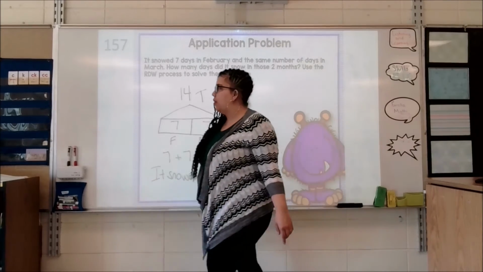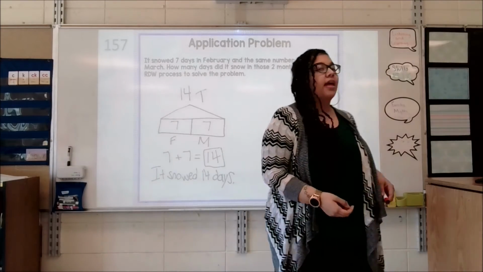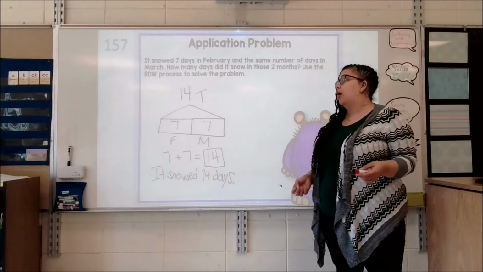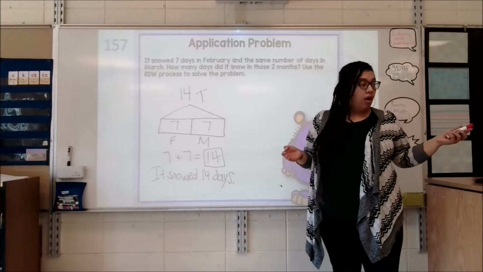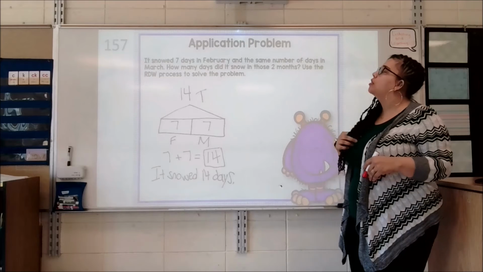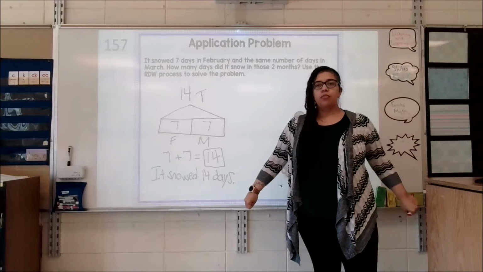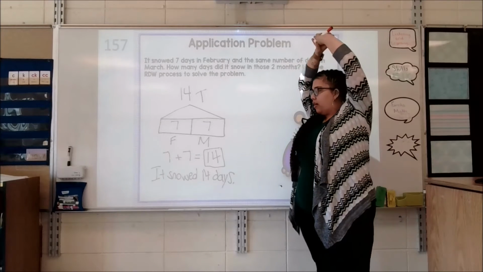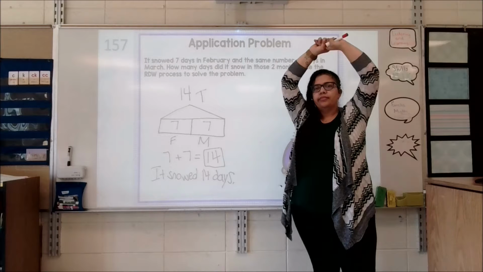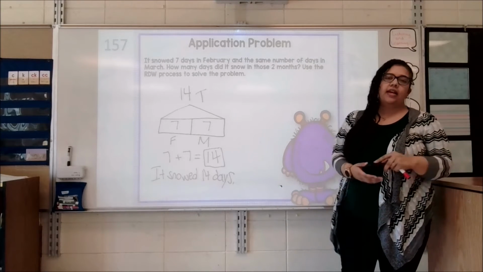It didn't tell us how many, it told us that the numbers were the same. Meaning that the number of days it snowed in March should be 7. So, February snow plus March snow equals all the snow. And tell me, how many days did it snow? 14 days. Good job, 14 days.